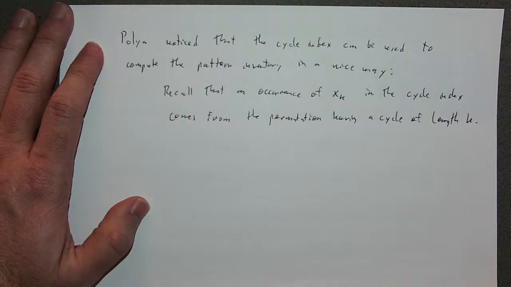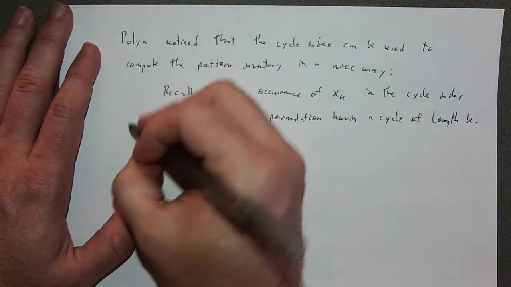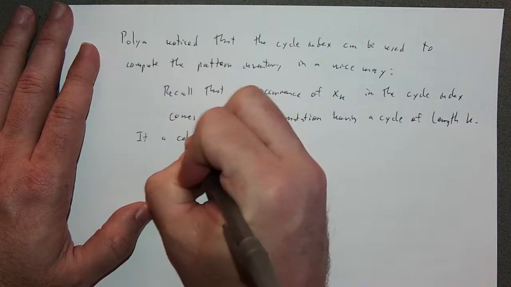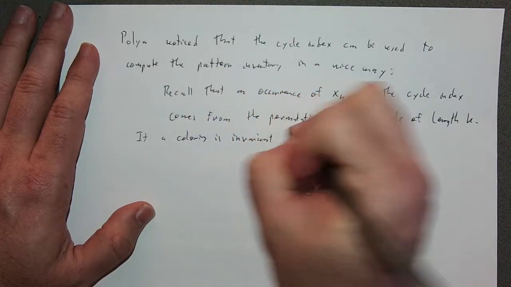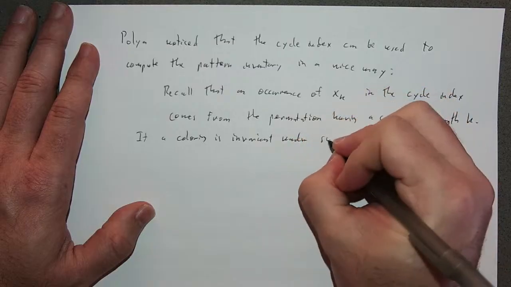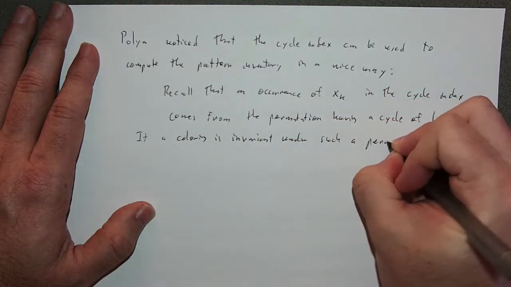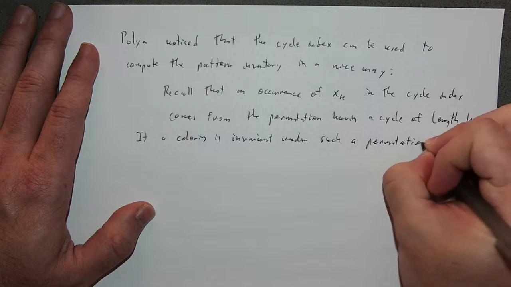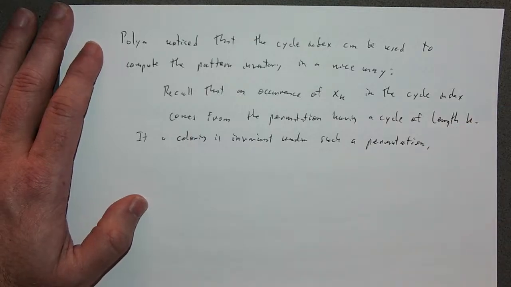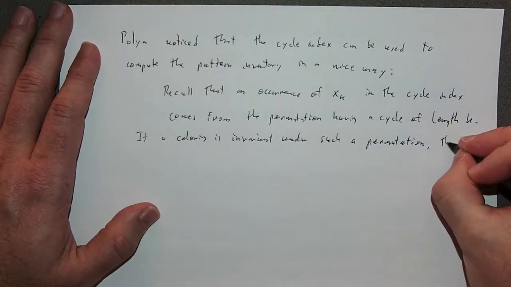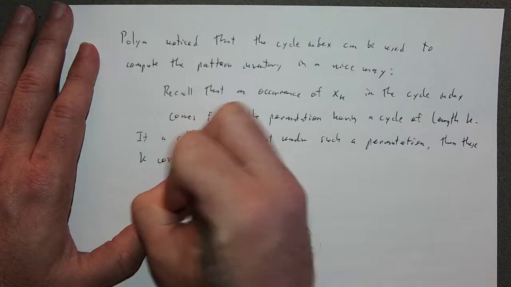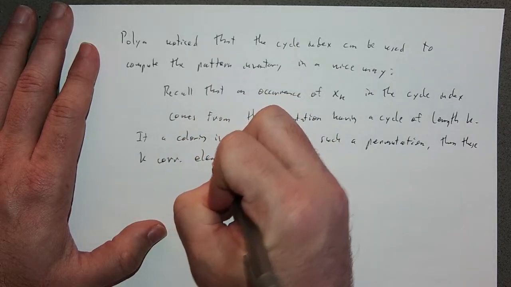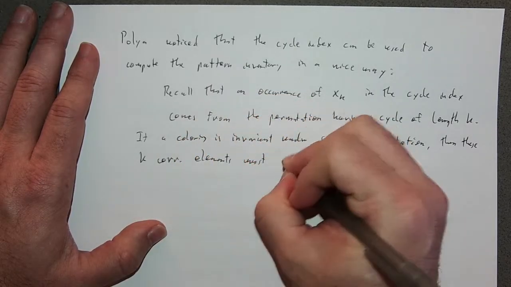If a coloring is invariant under such a permutation, then these k corresponding elements must share the same color.